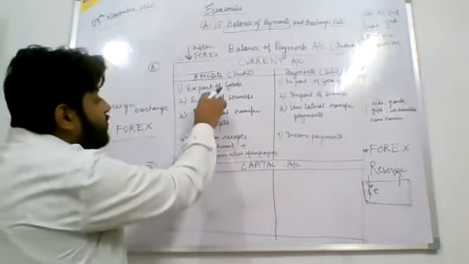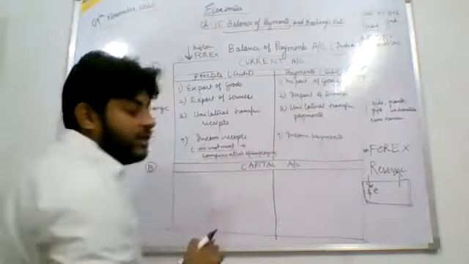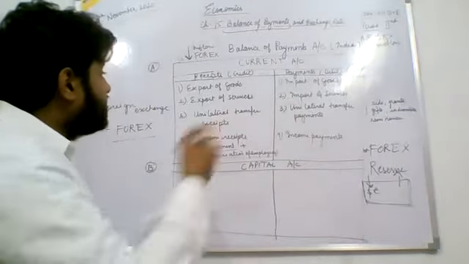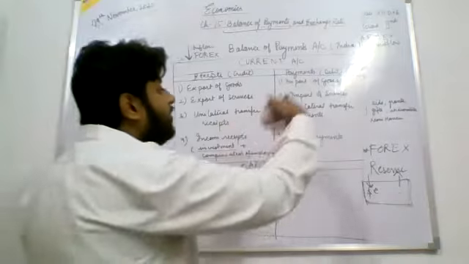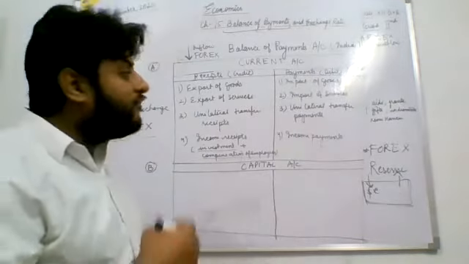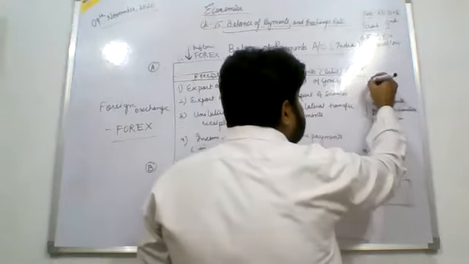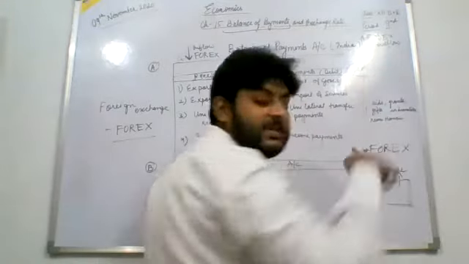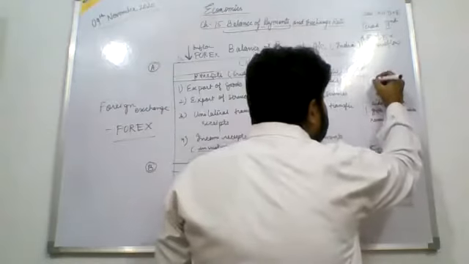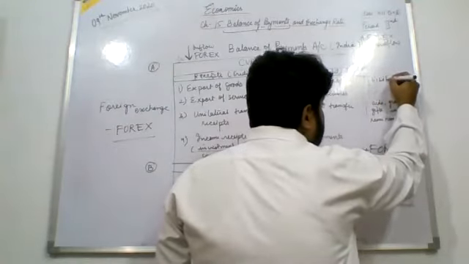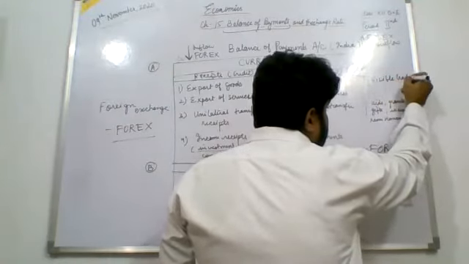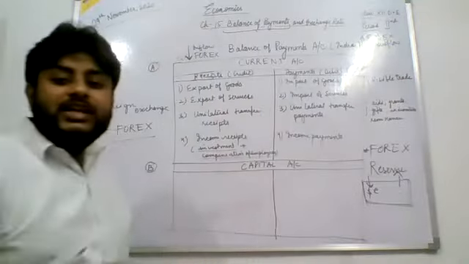First, we include export of goods, import of goods. Whenever we export goods, we receive foreign exchange, and whenever we import goods, we have to pay foreign exchange. So this first part is known as the visible trade. Why is it known as the visible trade?